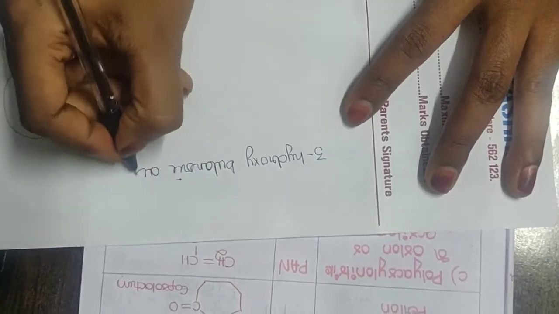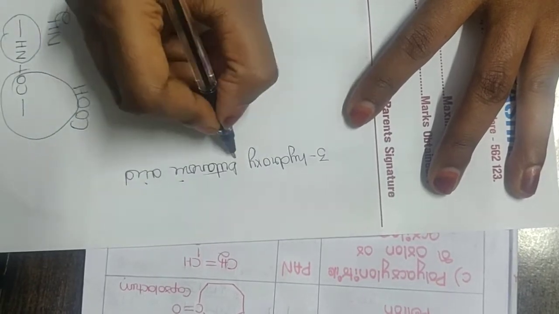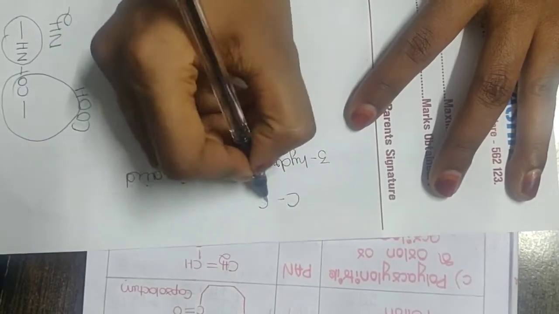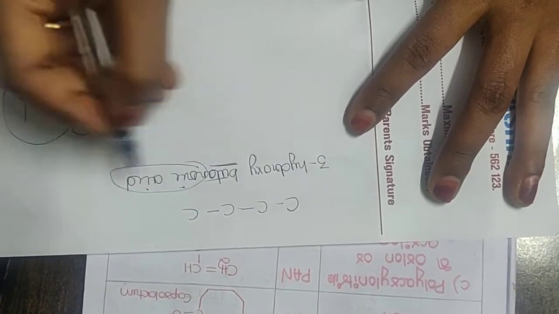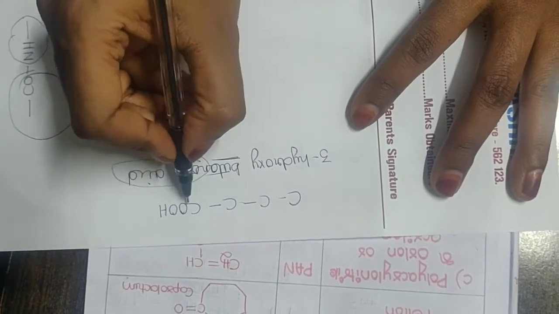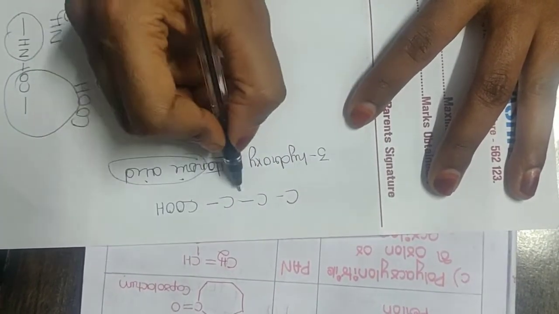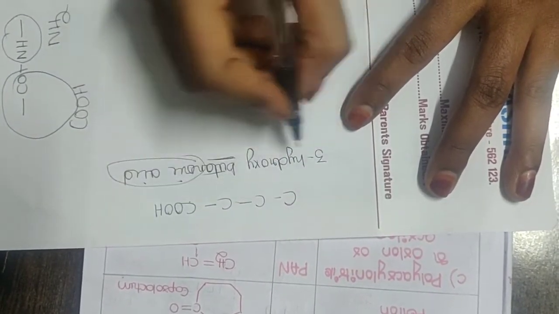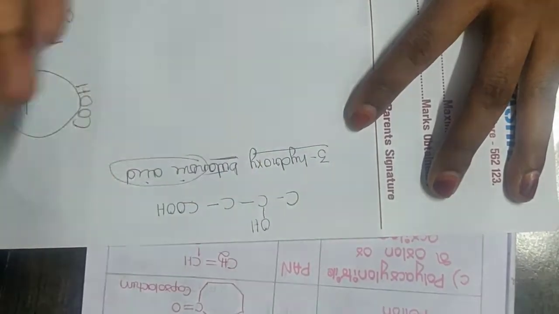How do you write this? Very simple. There are a total of how many carbon atoms? There are 4 carbon atoms. And we know that whenever we have a carboxylic acid, we have to place the carboxylic acid because that carbon is also included for the IUPAC numbering. Then followed by that, 3-hydroxy: for the 3rd carbon atom you have an OH group.